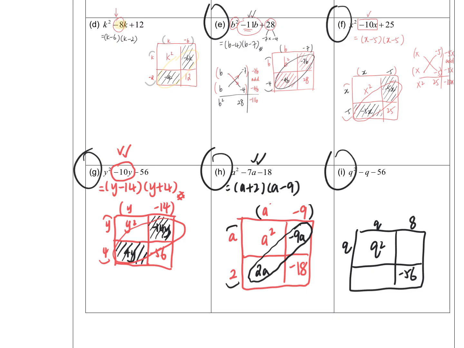One is 8, one is 7, but one of them must be negative. Which one, so that I get minus q? If I put negative 7, then they will add up to 1. I want negative 1. So put the negative at 8, so that this piece is negative 8q and this piece is positive 7q. They add up to minus q. So my answer is q minus 8, q plus 7.